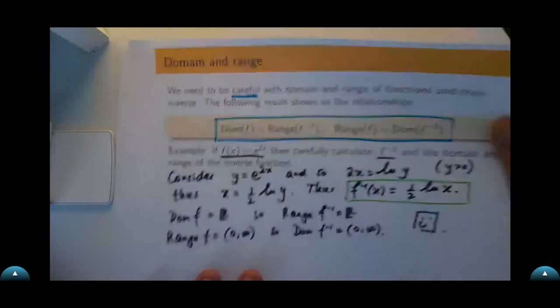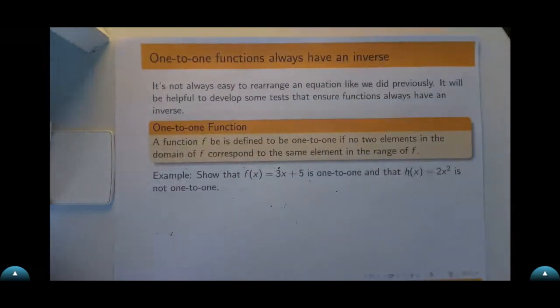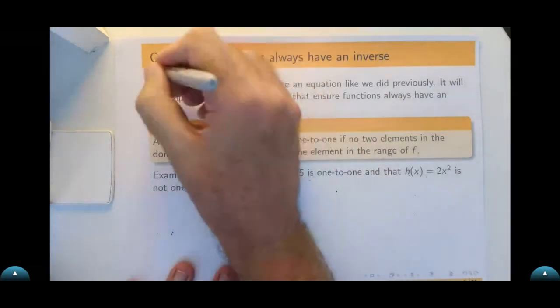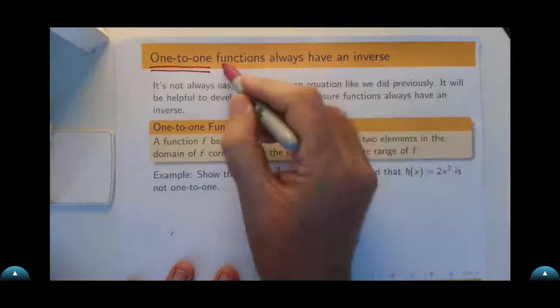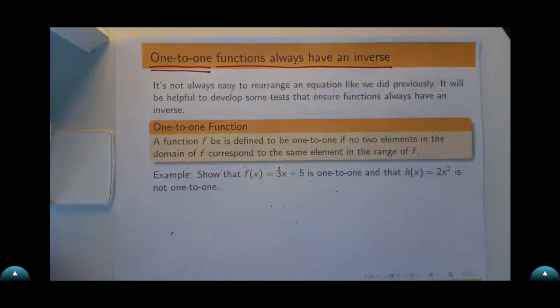Okay, so when do functions have an inverse? We can't always calculate them. It's not always possible. And the most important information is that one-to-one functions always have an inverse. So we talked a little bit about one-to-one functions earlier.